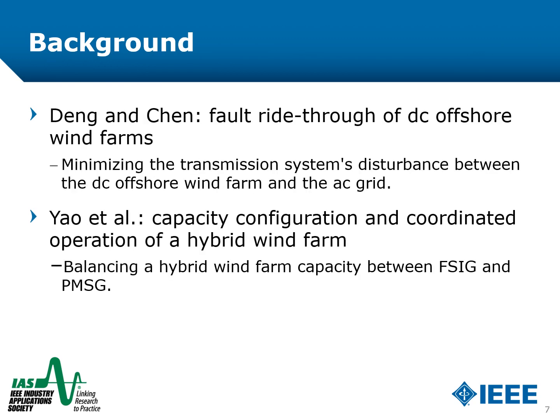Professor Dan and Chen proposed a fault ride-through of DC offshore wind farms to minimize the transmission system's disturbance between the DC offshore wind farm and the AC grid. Professor Yao suggested balancing a hybrid wind farm capacity between a fixed-speed induction generator and a permanent magnet synchronous generator.